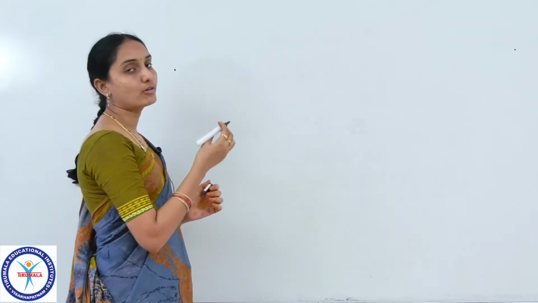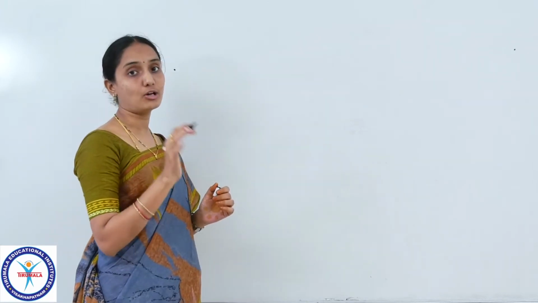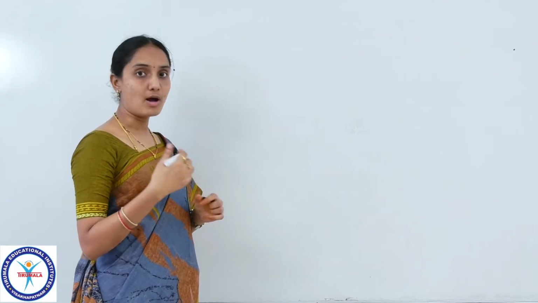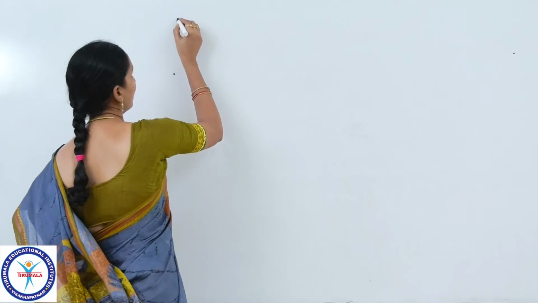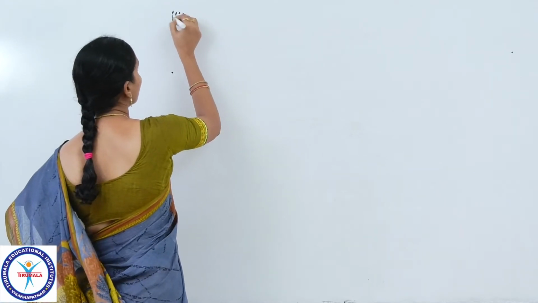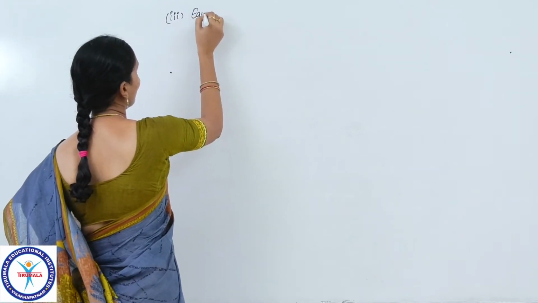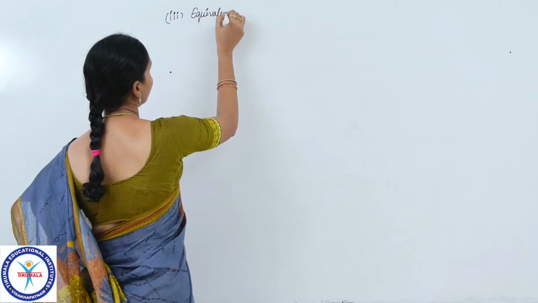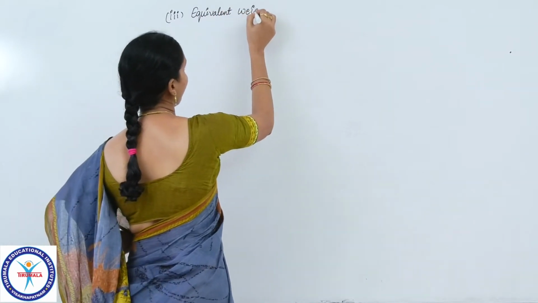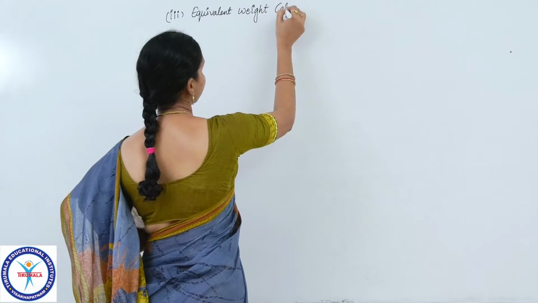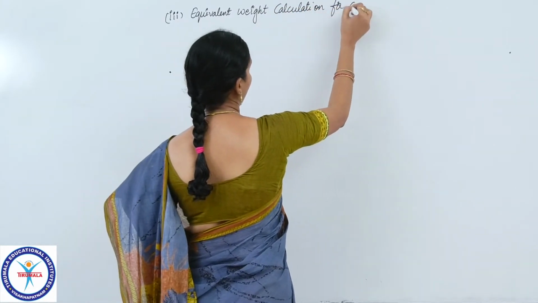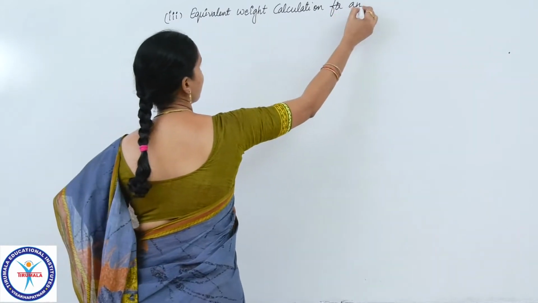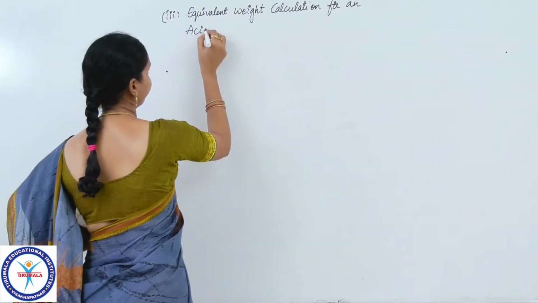So now we are going to learn how to calculate the equivalent weight of a compound solute if it is an acid. So now the third category is equivalent weight calculation for an acid.